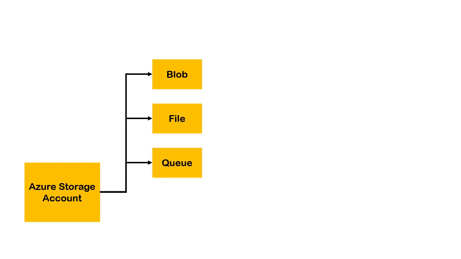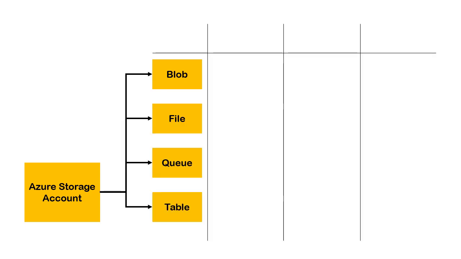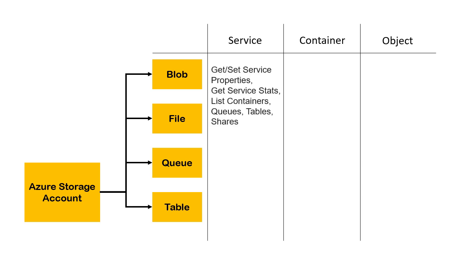Azure Storage Account offers 4 different services: blob, file, queue, and table. Within each of those services, you can access a specific resource type, either a service or a container or an object. If you select service as the allowed resource type, you will get access to only the service level APIs. For example, get set service properties or list all the containers, queues, tables or file shares within a storage account.